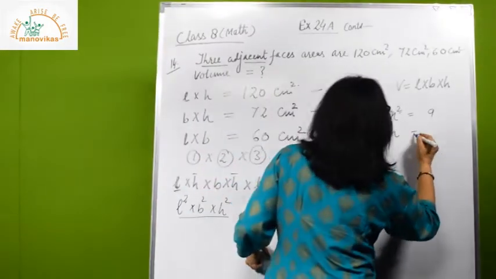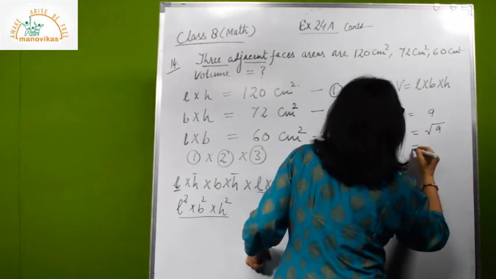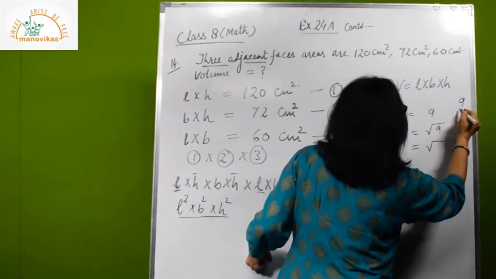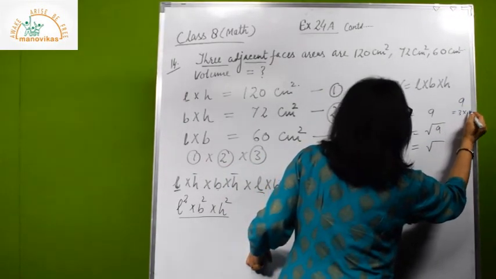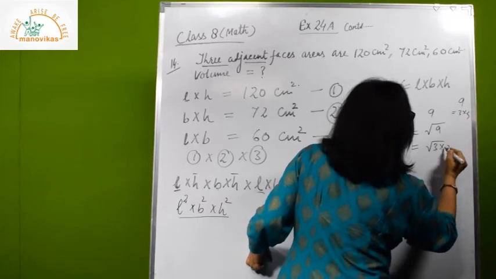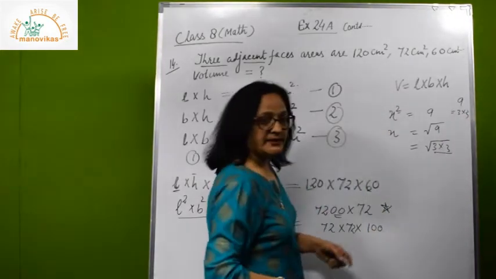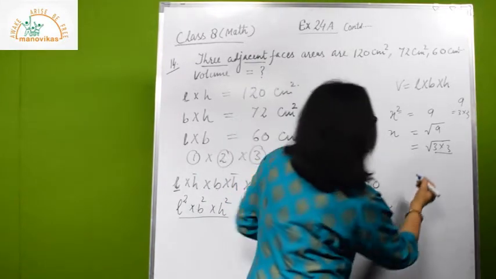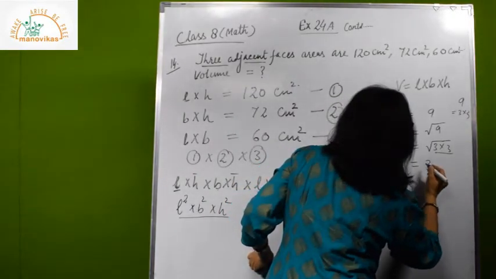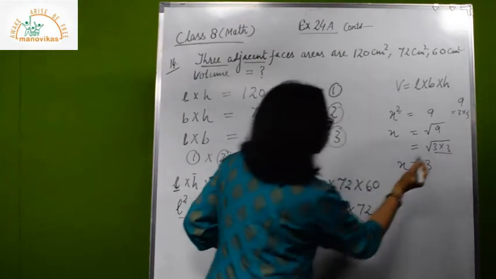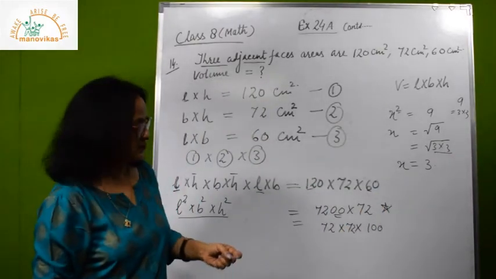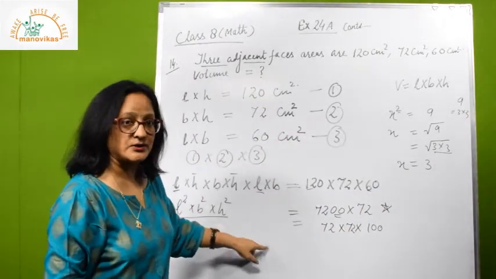So x will be square root 9. Square root 9 means factorize 9 and 9 is equal to 3 into 3. So from the pair we take only one number, which is the square root. So x is equal to 3. This is the method to find the square root. Same we are going to follow here also.